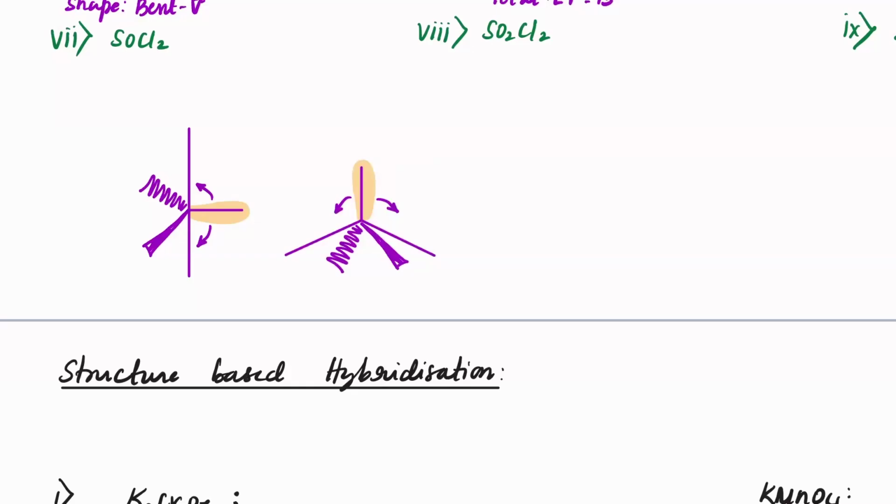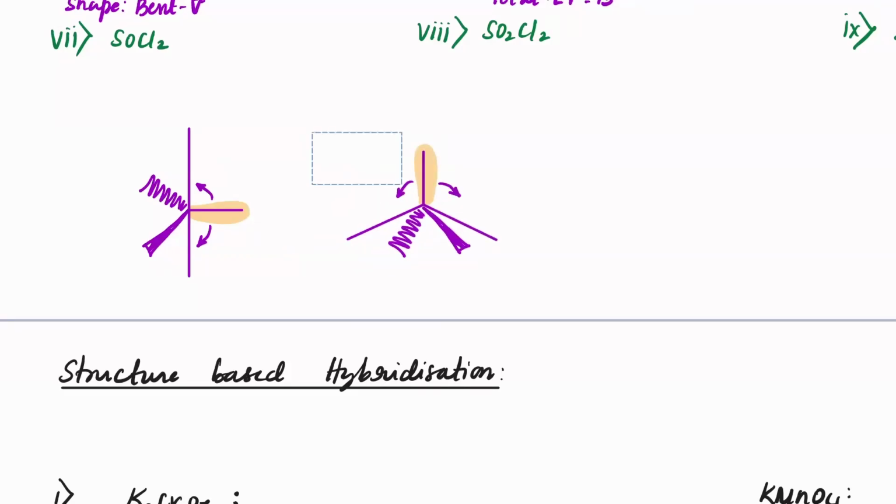Can you explain the last part once again? Just after it started bending, this is how it was, right? While writing the structure, I just turned it around and wrote it, so that the lone pair appears up. Okay. Understand that this is the ground, on which these two positions are fixed.